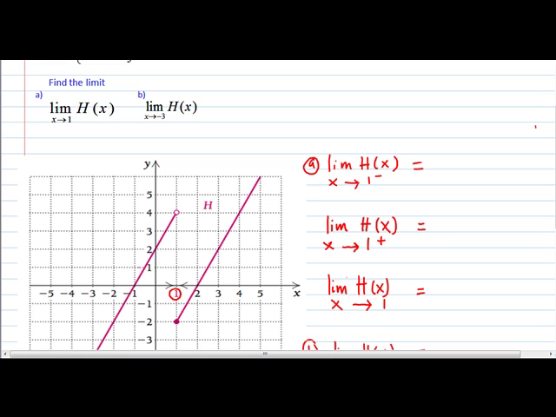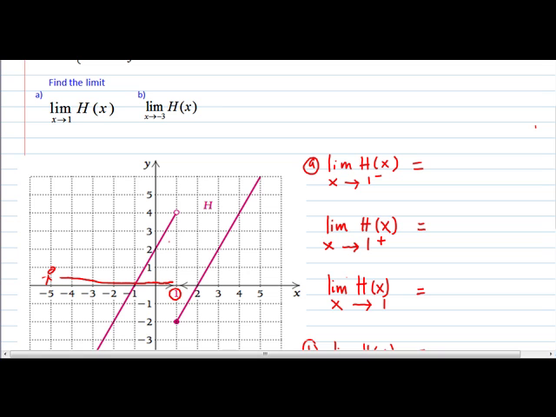So I want to find the limit of function h when x goes to 1 from the left, meaning I want to know what my function h becomes close to when x goes very close to 1.